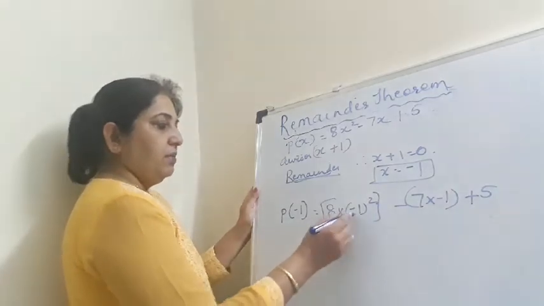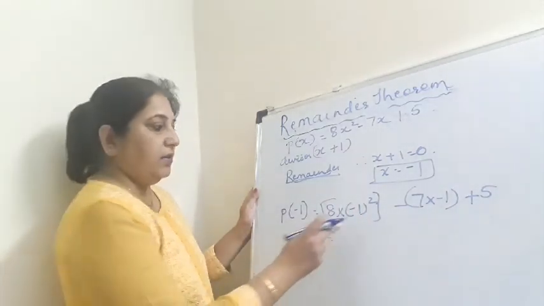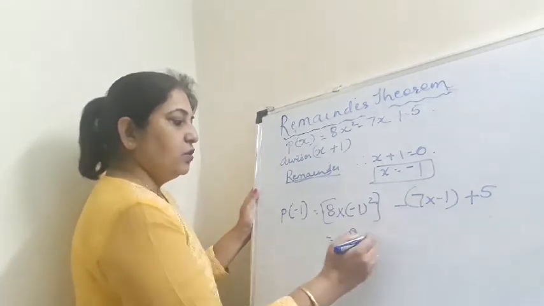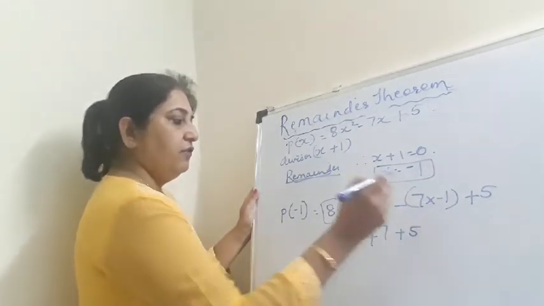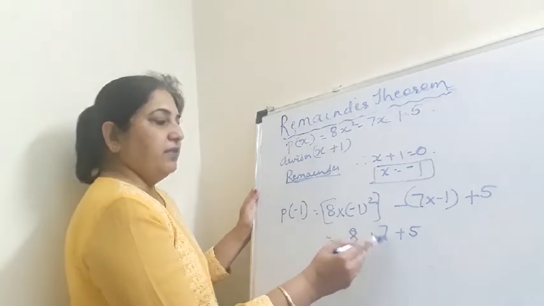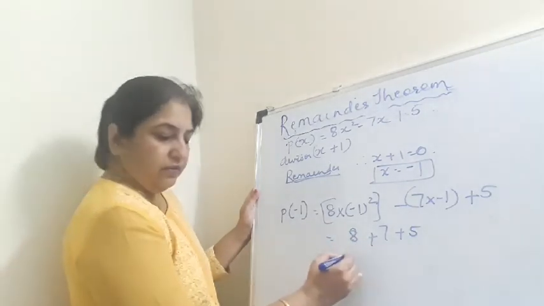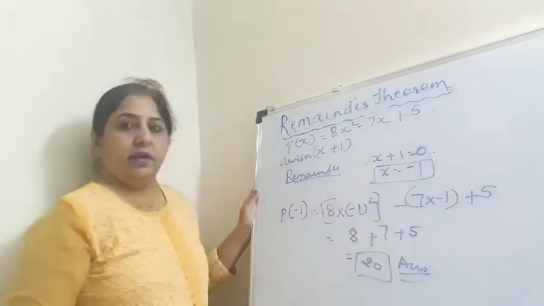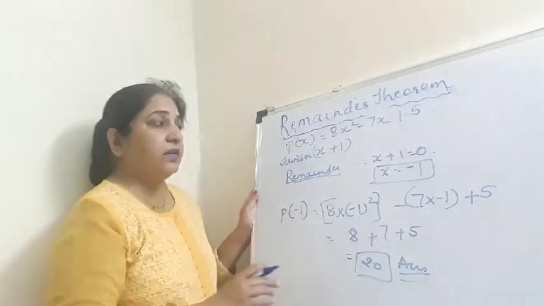So minus 1 square means 1, and 1 into 8 is 8. Minus into minus is plus, that is 7 into 1, 7, and plus 5. So 8 plus 7 will give you 15, 15 plus 5 will give you 20, and therefore the remainder is 20. So this is the remainder theorem method.